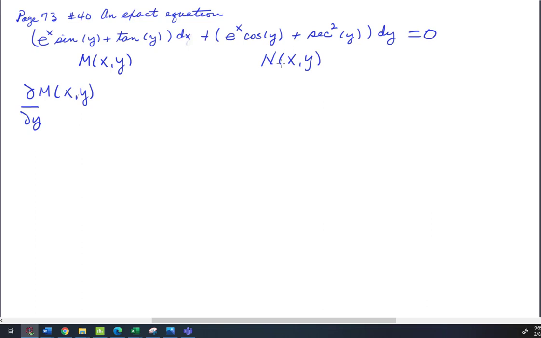And then we'll need to take the partial of N with respect to x and see if they're in fact the same. So let's just take the partial of M with respect to y.